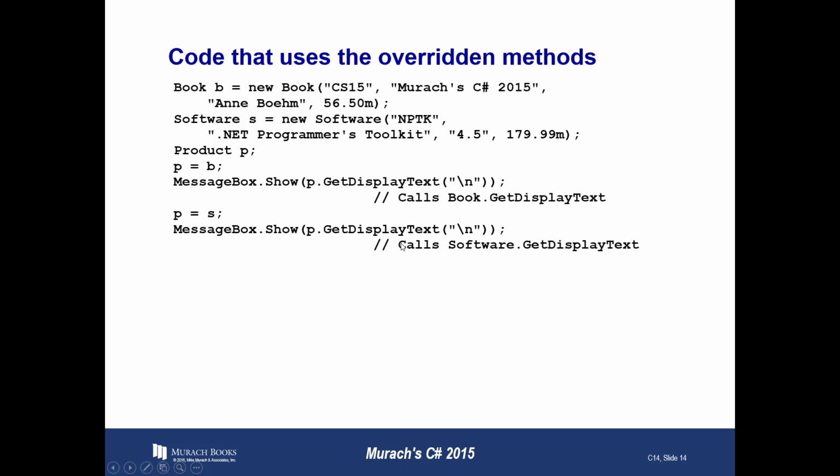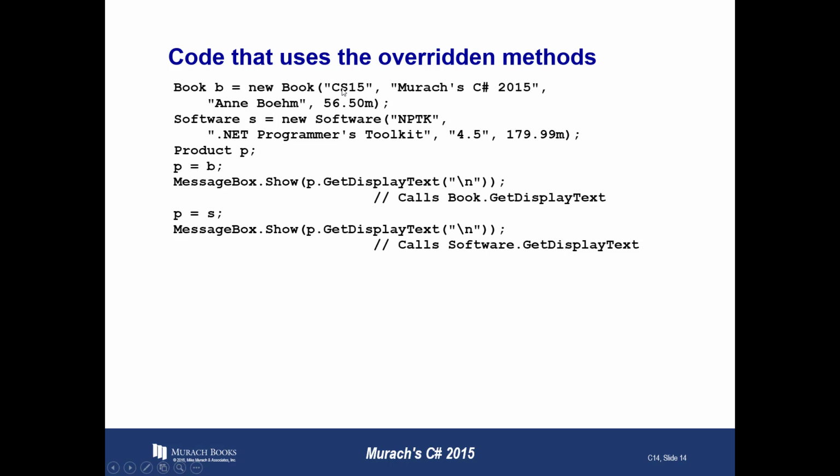All right, so here's an example of code that uses the overridden method. What does that mean? It gets the code, the title, and the price from the parent. But it gets the author, all right, basically from book.